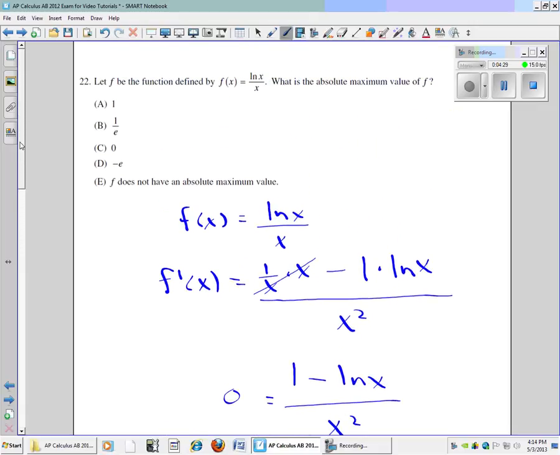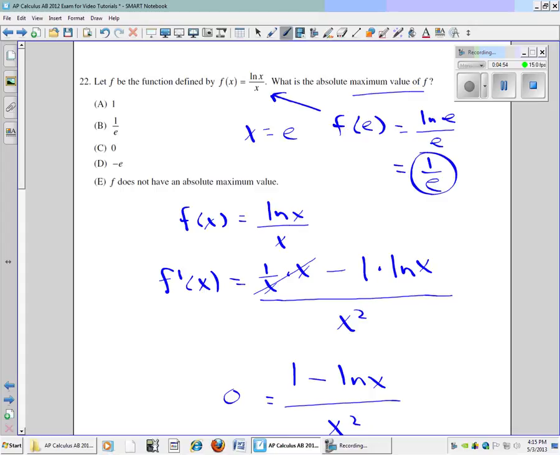So at x equals e, I find my absolute max, but I need to find what is the value of that maximum. So what we have to do is substitute into our original function. So f of e would be ln of e over e, which is 1 over e, and that's my answer, 1 over e, letter B.